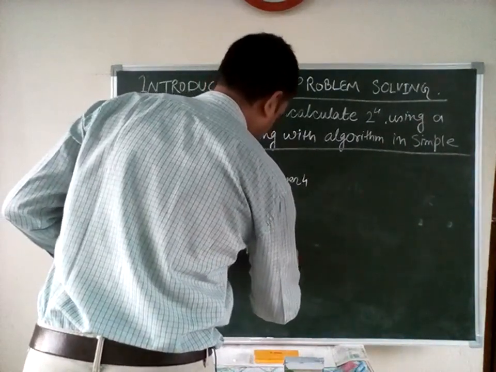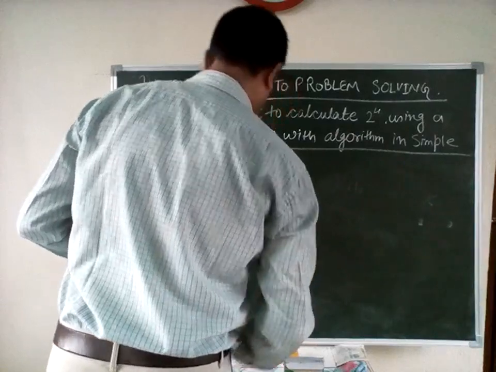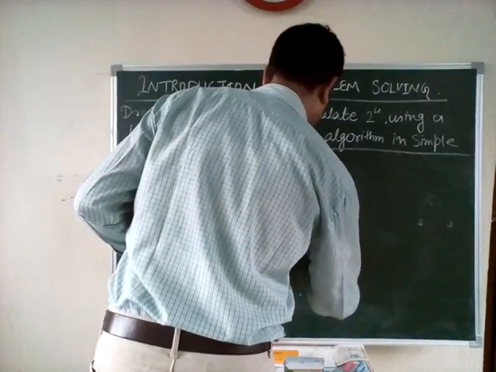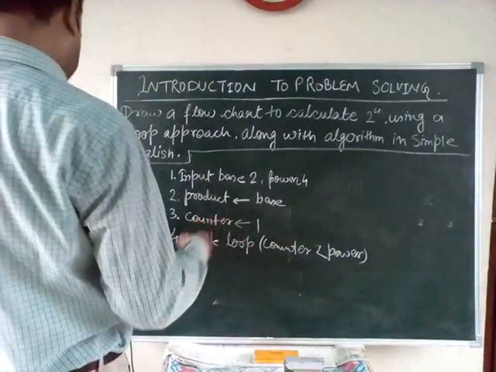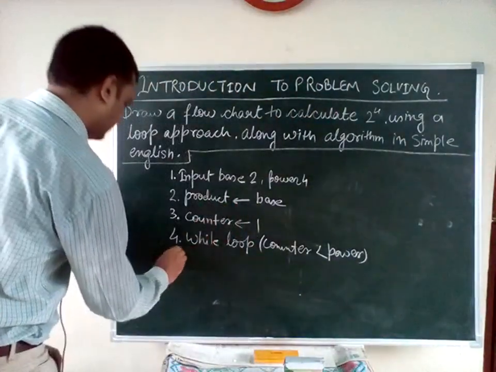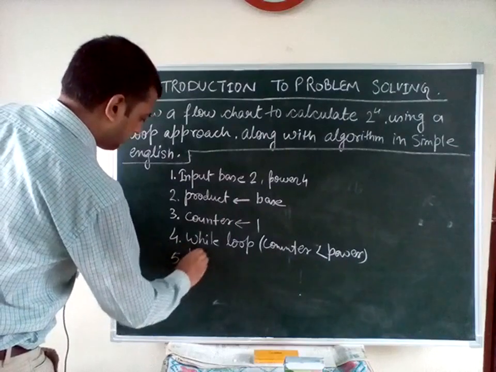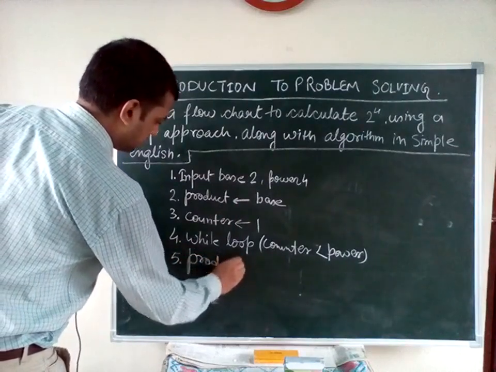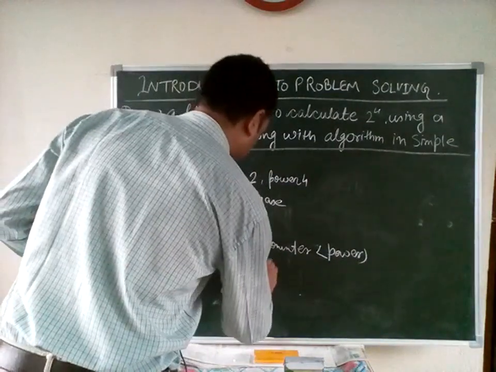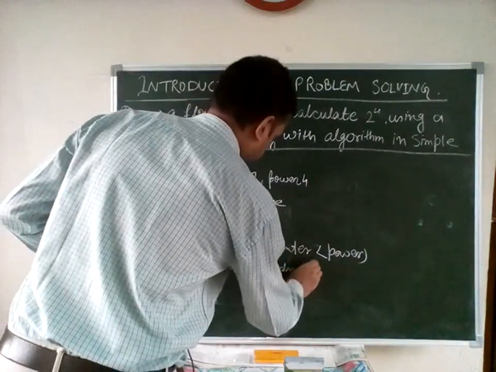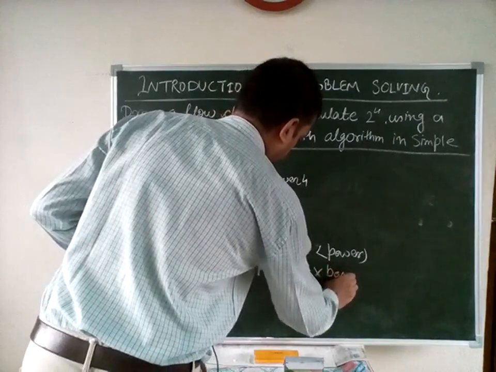So counter is less than power, so till this time it will go. Then in the fifth process, product is equal to product into base.